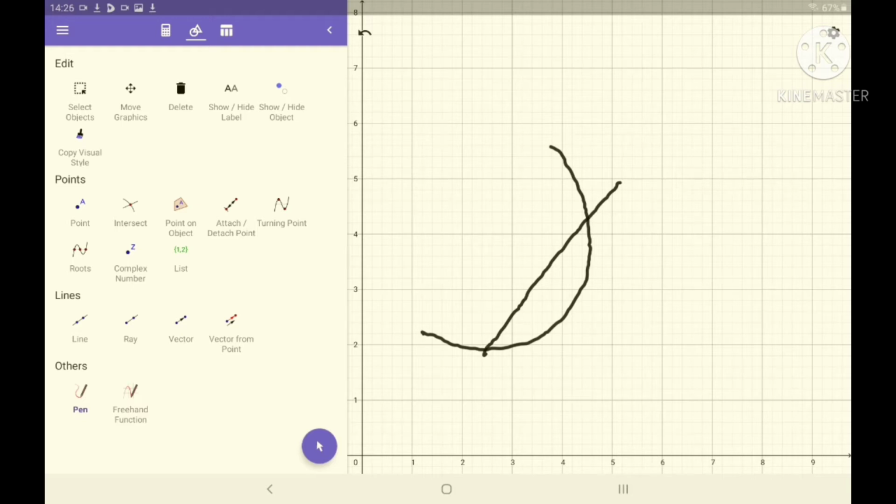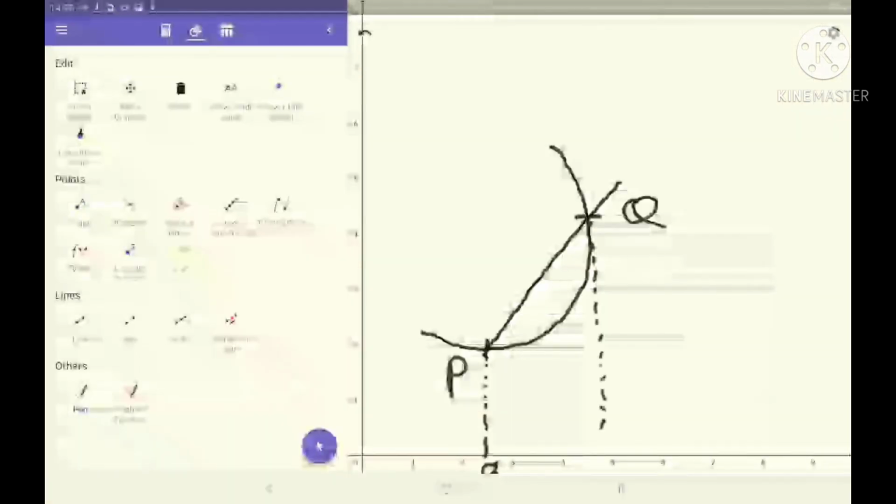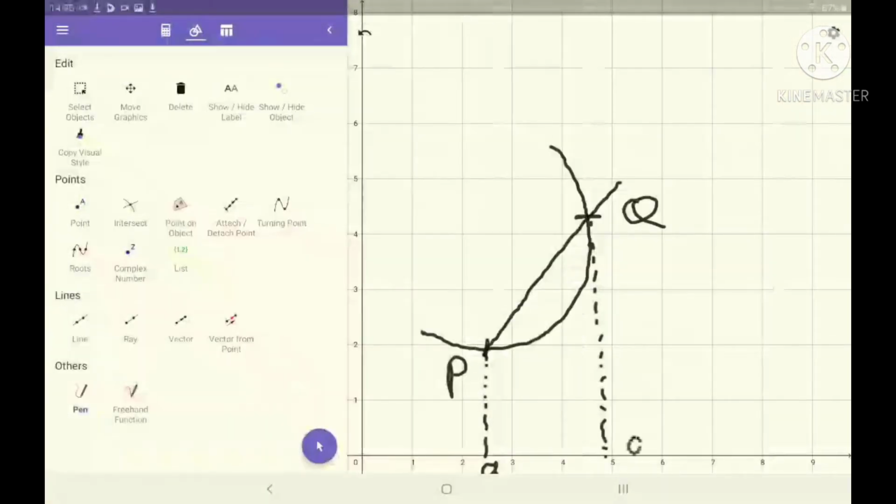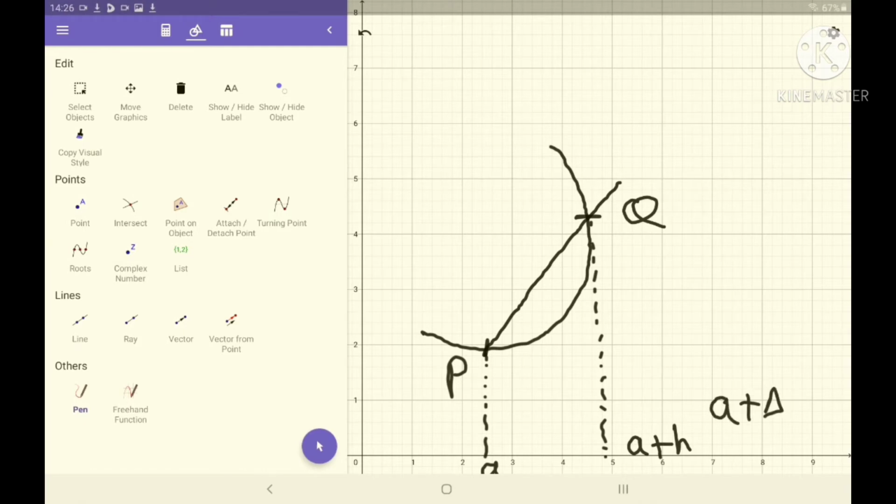So this is my point P here, this is my point Q here. This is nothing but A. If I am going to measure the distance, this is nothing but a plus h. You can say also it is a plus delta x.